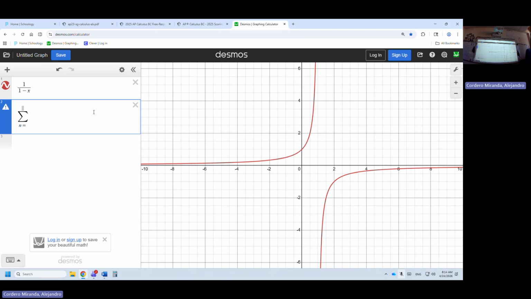So sum from 0 to, Desmos can't do infinity, but if you just do enough terms, like 30, it's basically the same thing. And we said this would be 1 times x to the n. And you can see this does a perfect job of approximating that red function up to a point, though. What the hey? Then it does a really bad job.